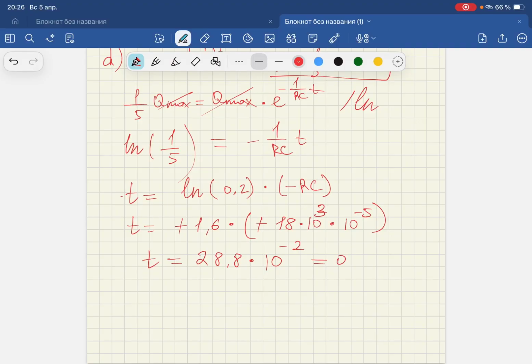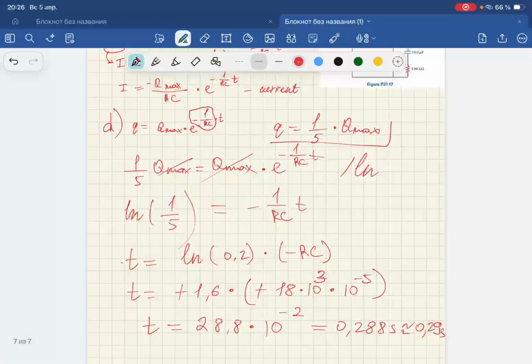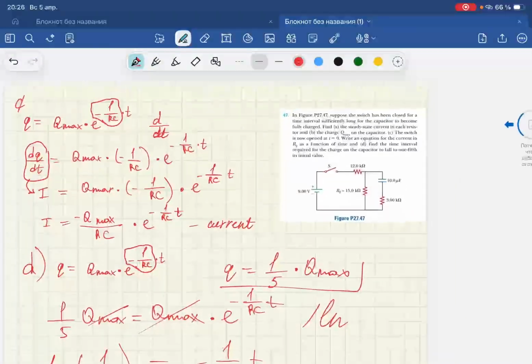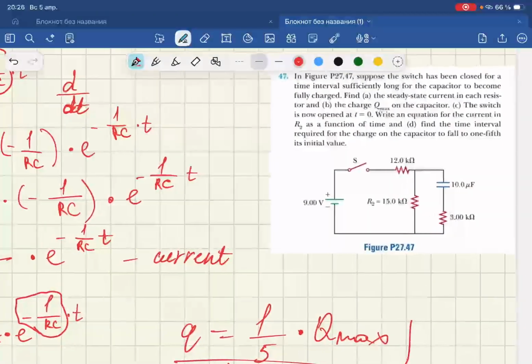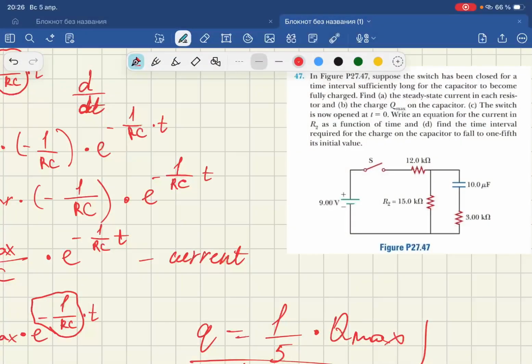It gives us 0.288 second, so approximately 0.29 second. So we already solved all parts of the problem.